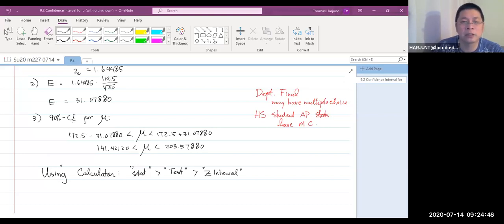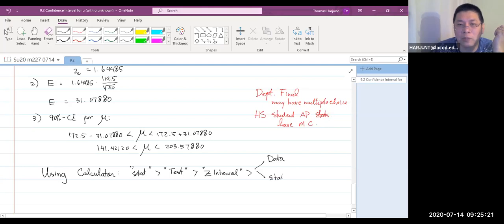Confidence level is 90%, 0.9. Calculate. Now, you see here, they only do rounding up to 2 decimal places. So for the z interval, you choose data if they give you raw data, and stats if they give you the x bar, sigma, and so on.